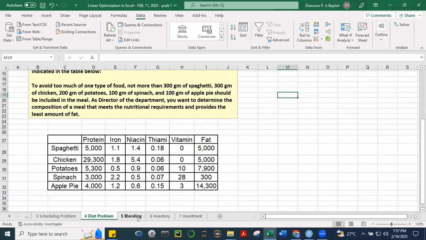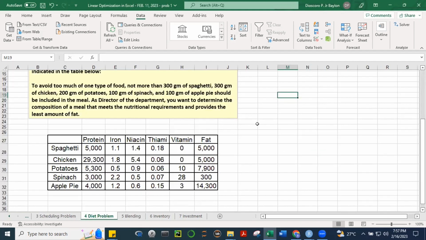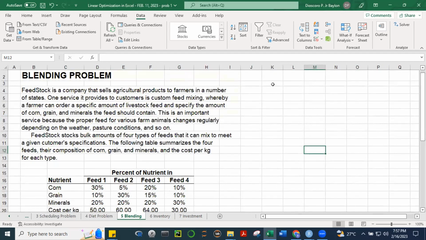Blending, inventory, class? Did you try these problems? Okay, maybe let's look at the blending problem.